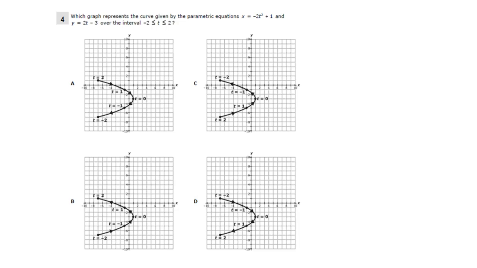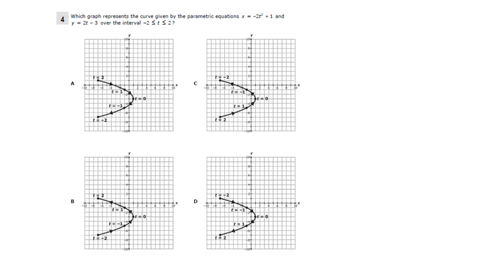Next, 4. Which graph represents the curve given by the parametric equations x equals negative 2t squared plus 1, and y equals 2t minus 3 over the interval from negative 2 to 2? Well, these arrows here will go in the direction of time. Let's look at the direction of time here.